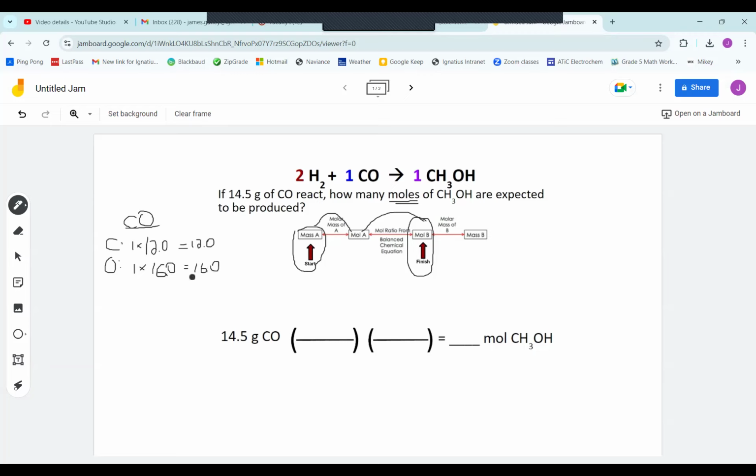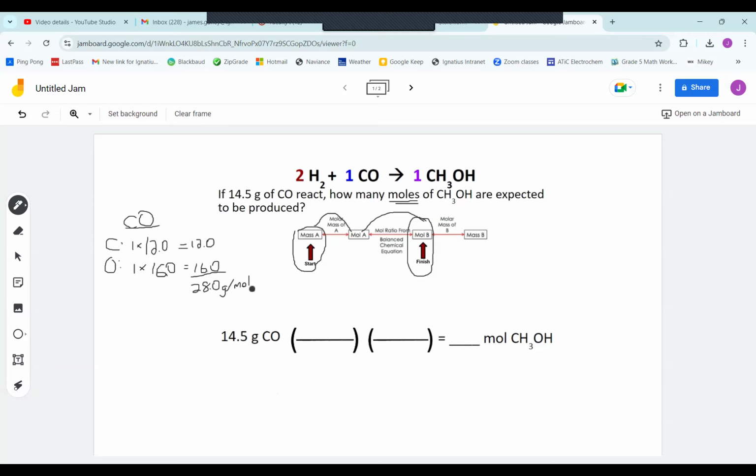So 1 times 16 gives me 16. Then we're going to add together those 2 numbers and get 28 grams per mole for the atomic mass of CO. Okay, so 28 grams per mole.